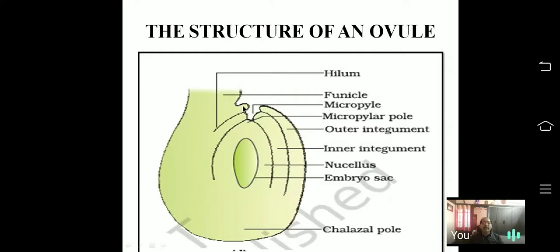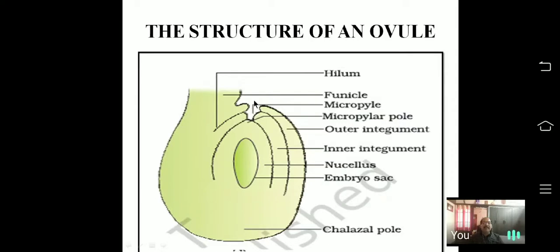Both inner integument and outer integument do not completely enclose the nucellus tissue. They leave a small pore here. This small opening or pore is called the micropyle. The outer integument, where it is attached to the funicle, that point is called hilum. So this ovule shows a definite polarity.